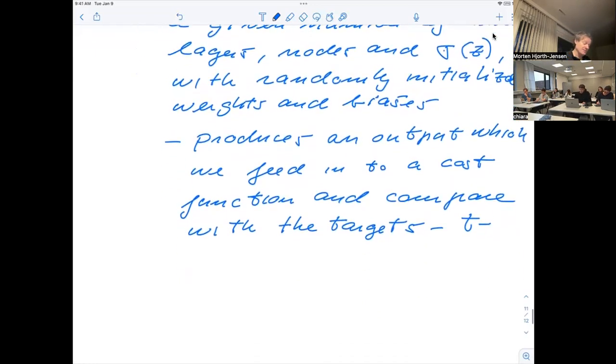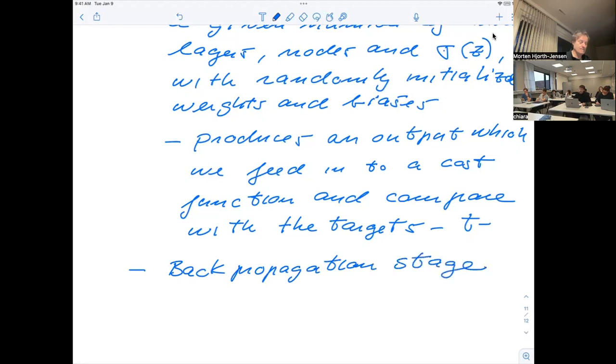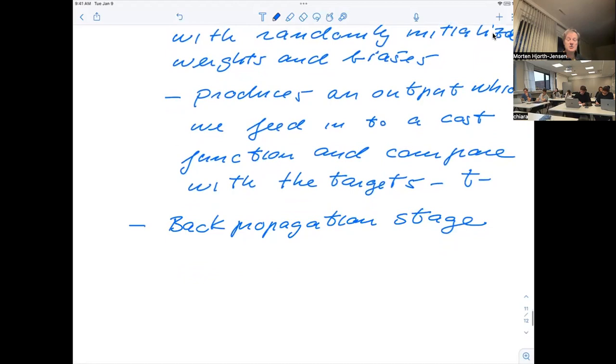So the next step is what is called the back propagation step. In this back propagation stage, what we actually do is the same as reverse mode in automatic differentiation, and we are going to discuss that in more detail next week.